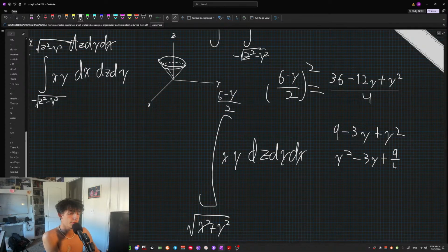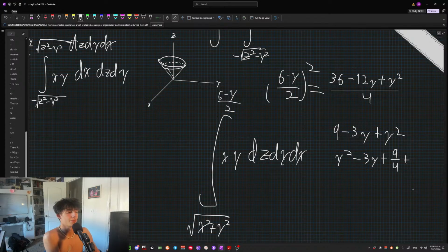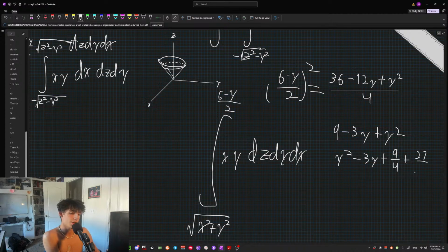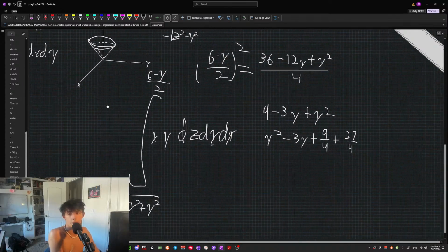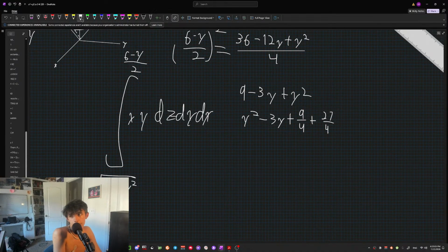Plus 9/4, 9, 18, 27, 36. What is 36 minus 9? 27. Plus 27/4. So if we wanted to take the square root of that, it would be 3 times the square root of 3 over 2.